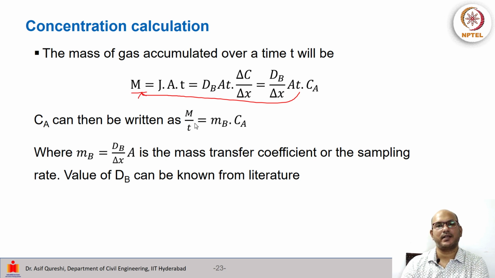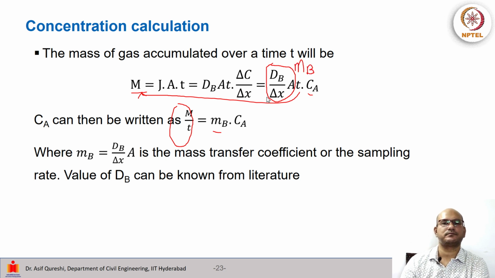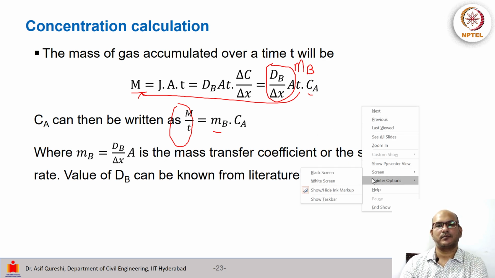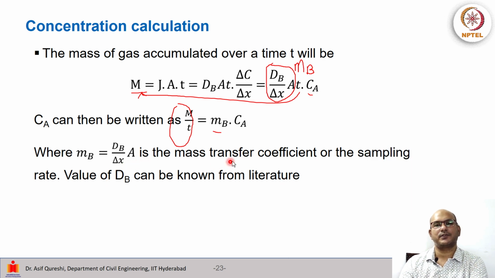So we will have M by T equal to MB multiplied by Ca, and MB would be DB A by delta X. This MB can be termed as a mass transfer coefficient or the sampling rate. So A is known, delta X is known, and DB can be known from literature, so MB would be known.